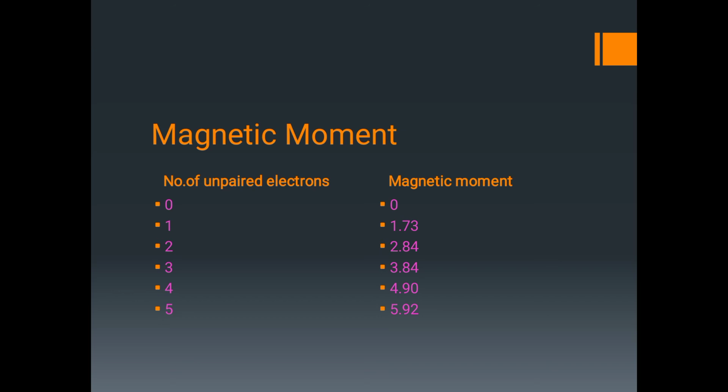If the number of unpaired electrons is 0, your magnetic moment is 0. If the number of unpaired electrons is 1, it is 1.73. For 2, it is 2.83. It is approximately as many Bohr magnetons as the number of unpaired electrons. And remember that the unit for magnetic moment is the Bohr magneton.